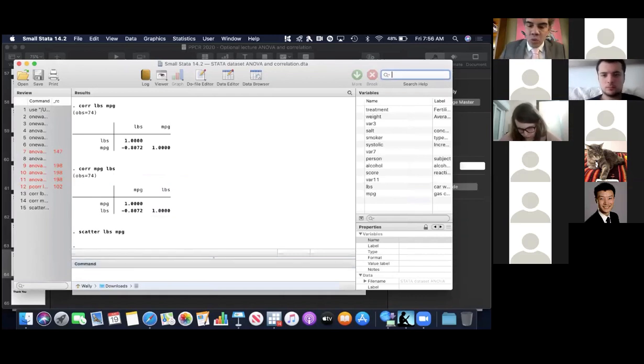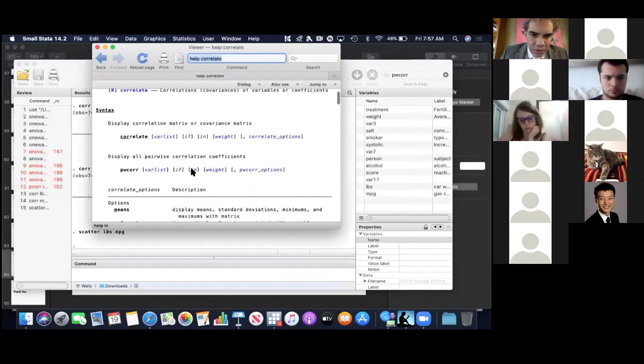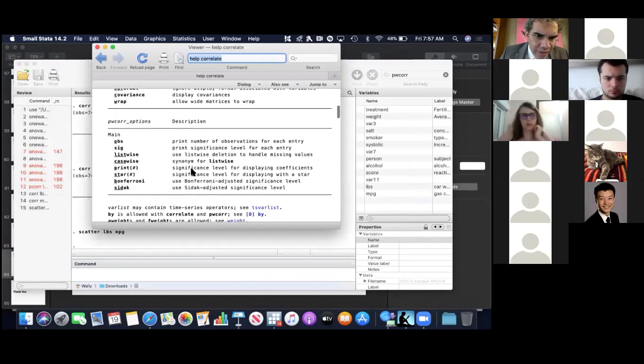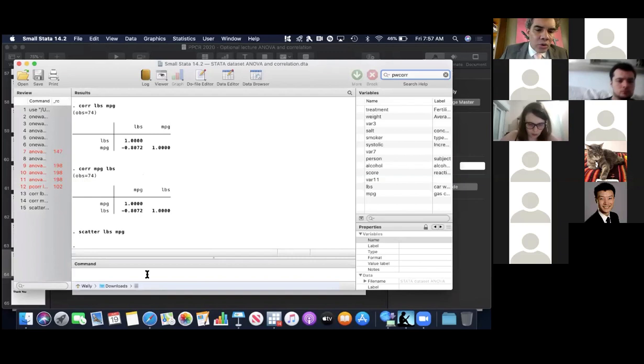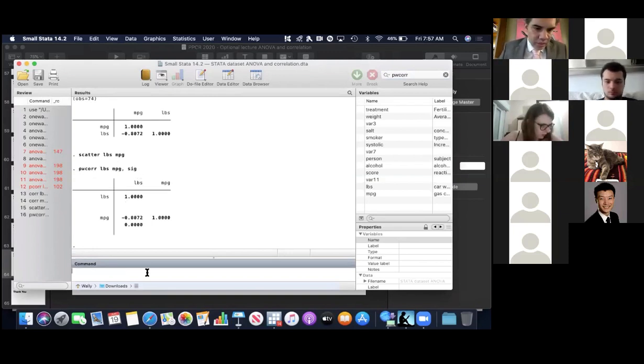I just want to do one more thing. Sorry. PW core. I need to see just one small thing here. Correlate. P core. I just want to do SIC. Okay. Now, if you want, PW core, LBS, MPG, SIC. Okay.